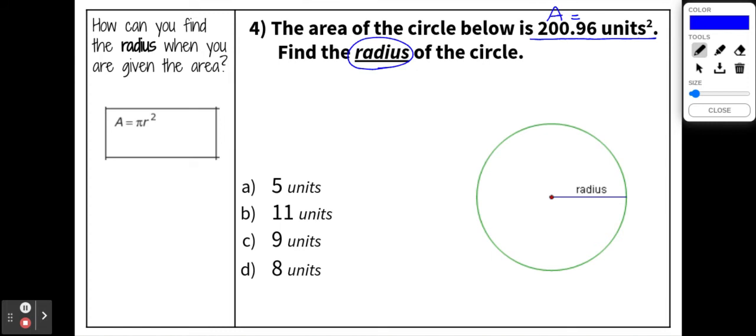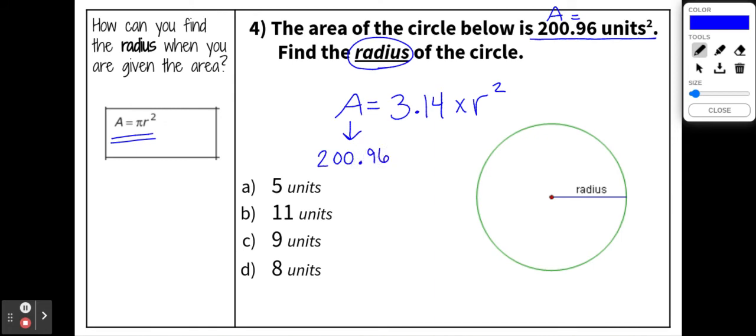Okay, whenever you're doing these types of problems, you want to first start by writing down the formula that's going to be helpful. And in this case, it's going to be the area formula. So let's write down area equals 3.14 times radius squared. Okay, so what do we know? We know the area. So let's start by writing down area. Area is 200.96.